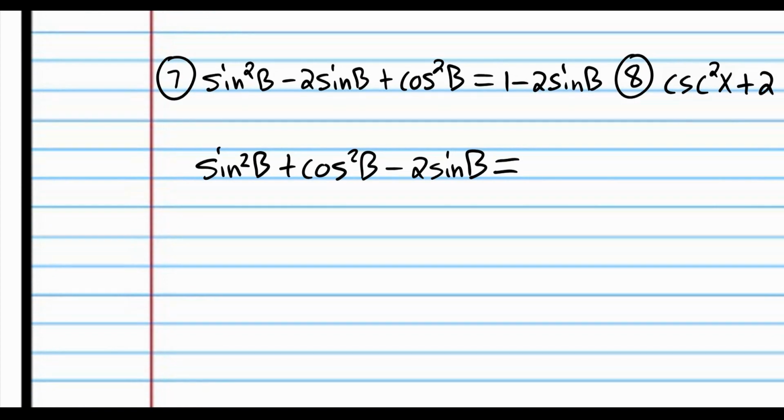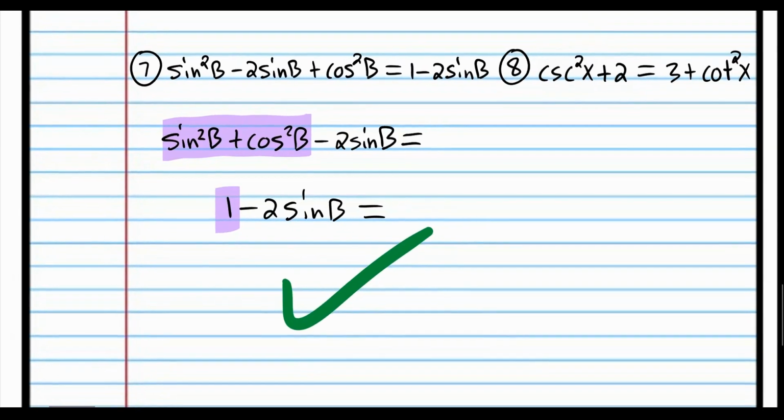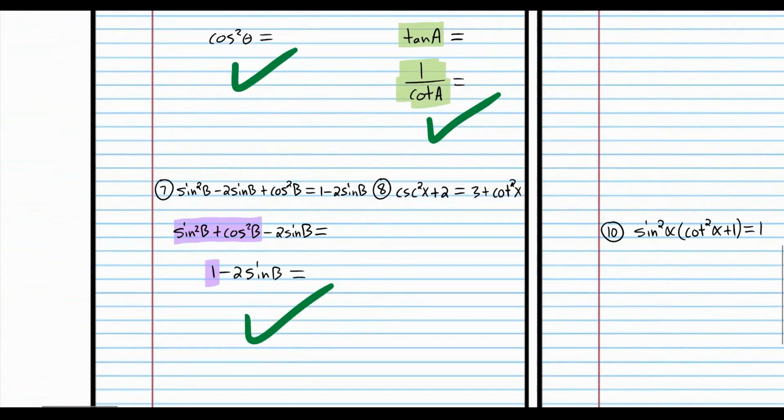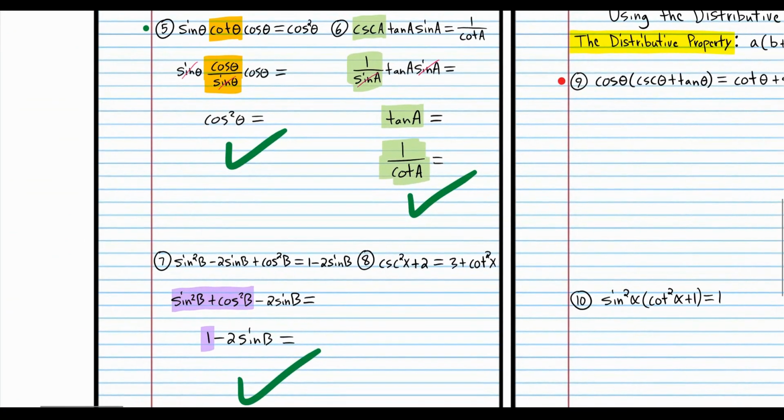Okay, so we grouped our sine squared and our cosine squared, and you know what that means. That's a Pythagorean identity. So we have 1 minus 2 sine b, and we did it. We proved that the equation is true. So we can put a big check mark. So if you got that right, excellent. Try number 8, and when you come back, we'll do it together.